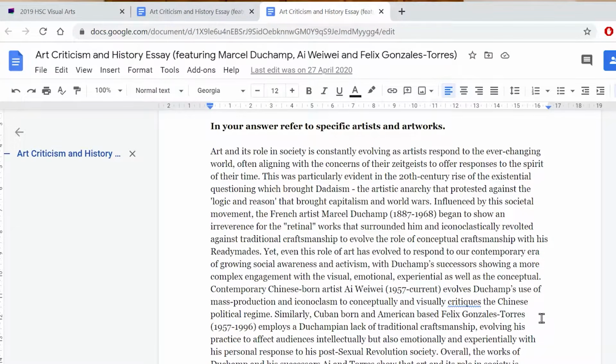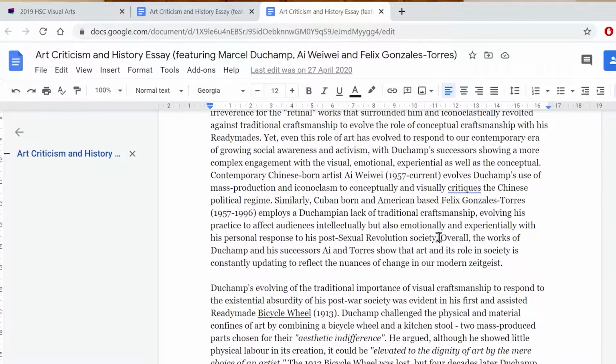Similarly, Cuban-born and American-based Felix Gonzalez-Torres, 1957 to 1996, employs a Duchampian lack of traditional craftsmanship, evolving his practice to affect audiences intellectually but also emotionally and experientially, with his personal response to his post-sexual revolution society.